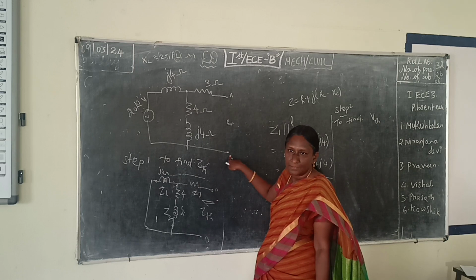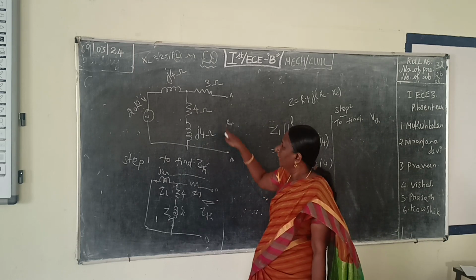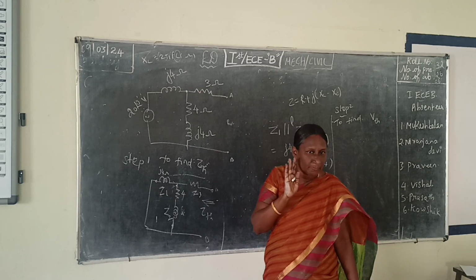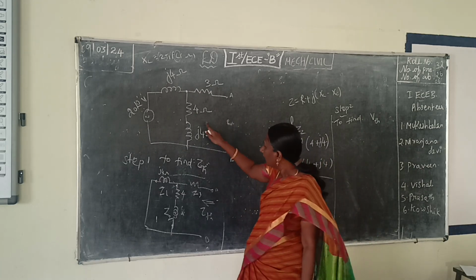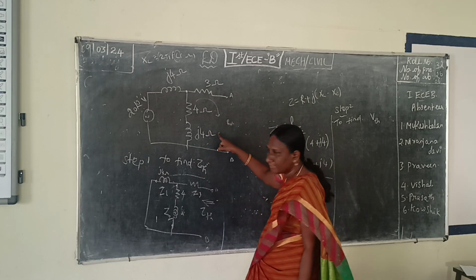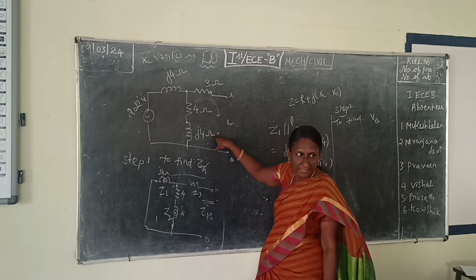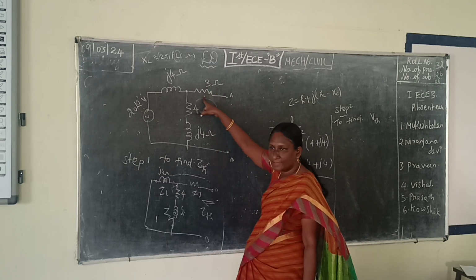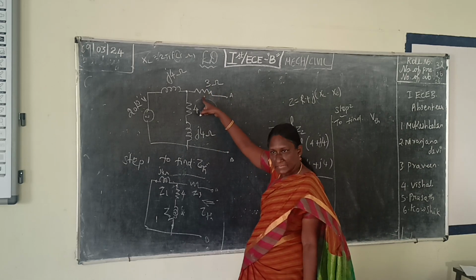Why? Because here resistance is there, and always in a resistor voltage drop is present. But in this case, does any current flow in this loop? Then what about the voltage drop across the resistor? It is 0.